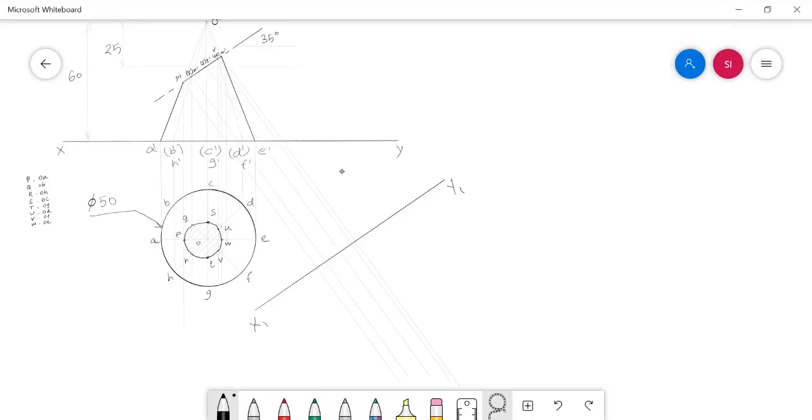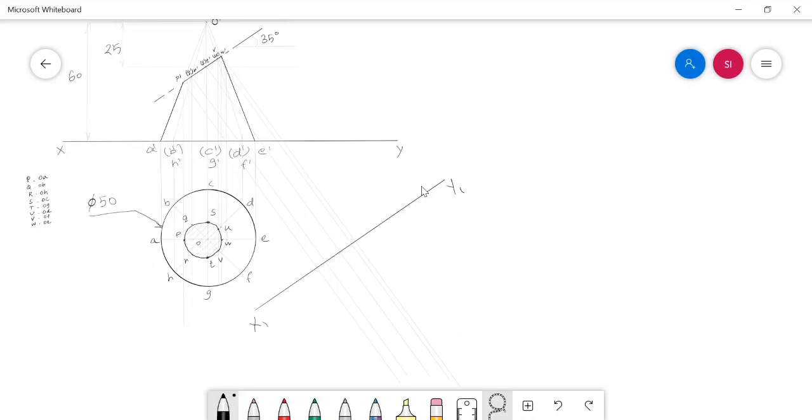Now measure the distance between each and every cut point in the sectional top view and the xy line and mark the points in the auxiliary true shape of the section view with respect to the x1 y1. So measure the distance between the point P and the xy line.